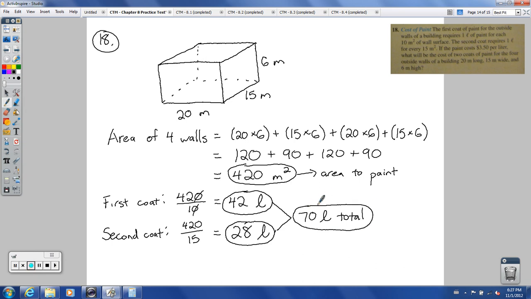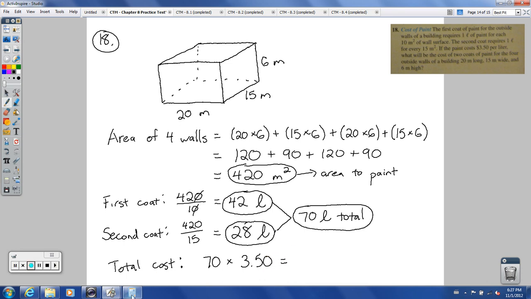It's 42 plus 28, and so now we take our total cost is going to be, since each liter costs $3.50. Whew. Talk about some steep inflation. So this would be 70 times $3.50.